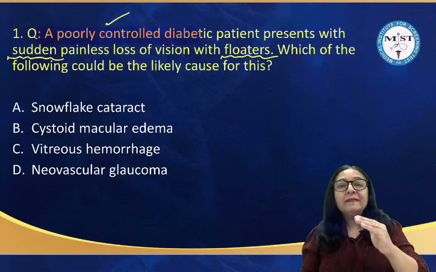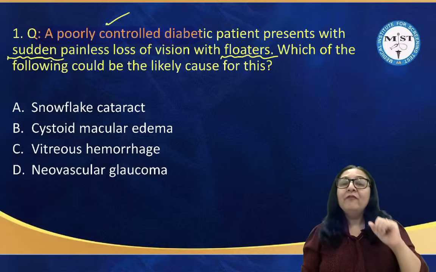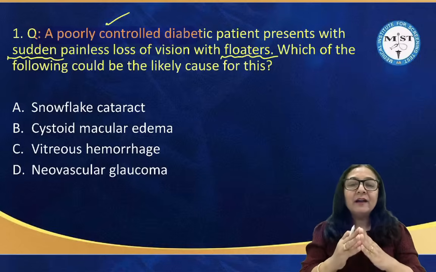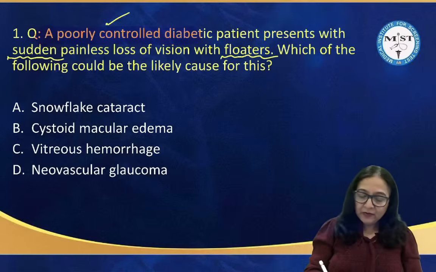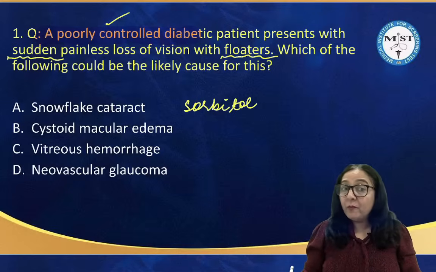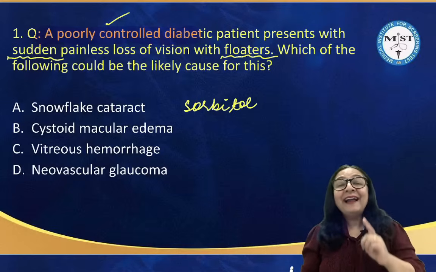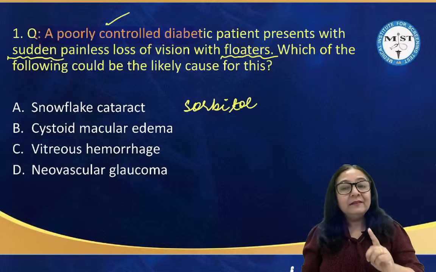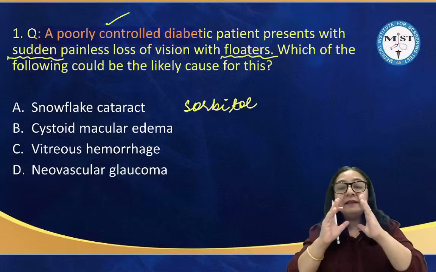Now, if you go one by one, snowflake cataract is a complication which occurs in diabetes due to the accumulation of sorbitol in the lens, which leads to the development of snowflake cataract. But cataract is always a little progressive, it's never sudden.